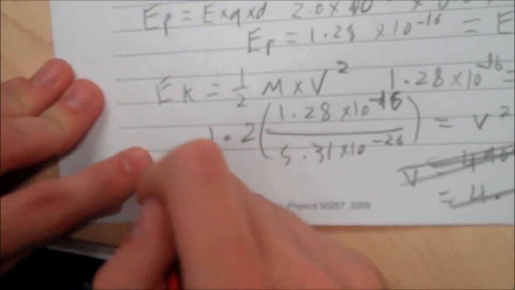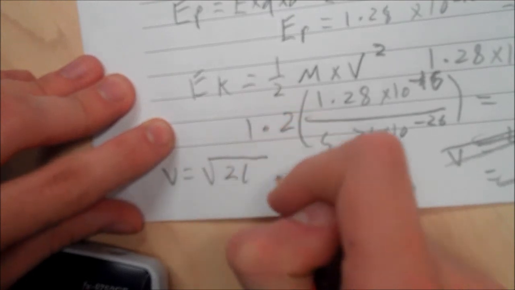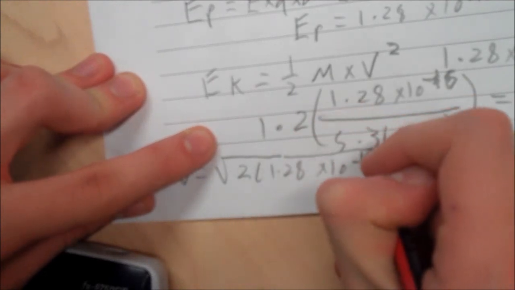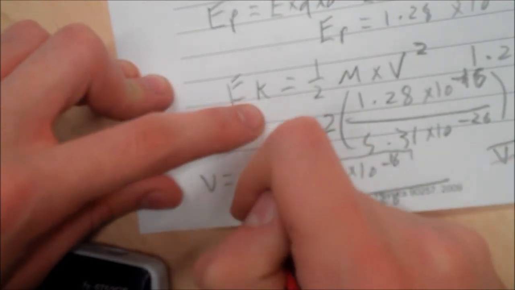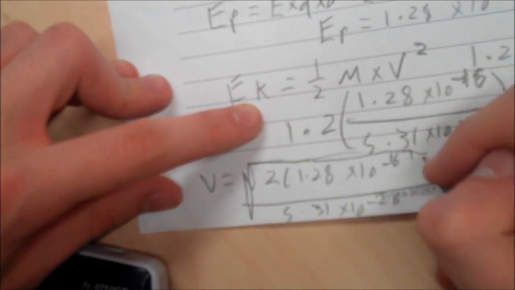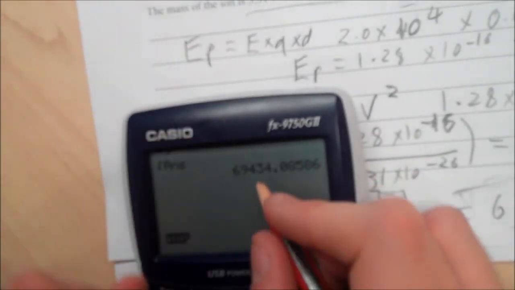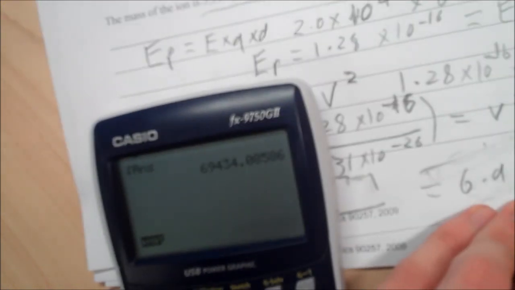So now we can say that velocity is equal to the square root of 2 times 1.28 times 10 to the negative 16 over 5.31 times 10 to the negative 26, the square root of the whole thing, which is equal to 6.9 times 10 to the 4, as we can see here, which is what they're asking for. And that is in meters per second.